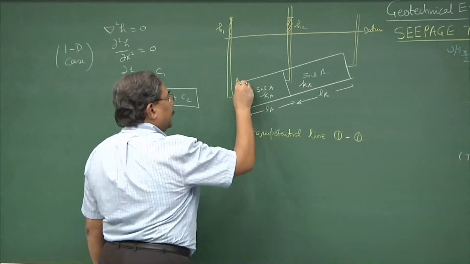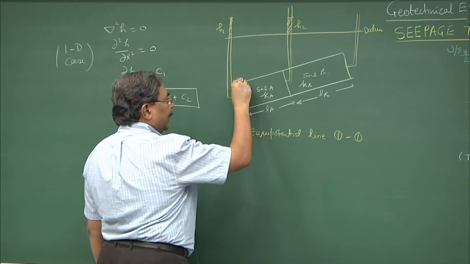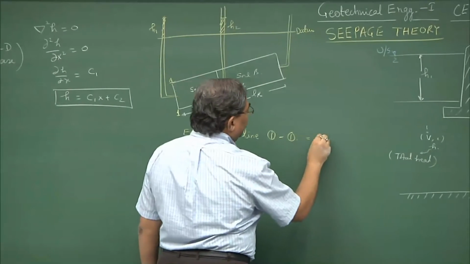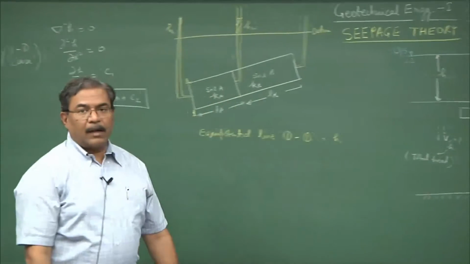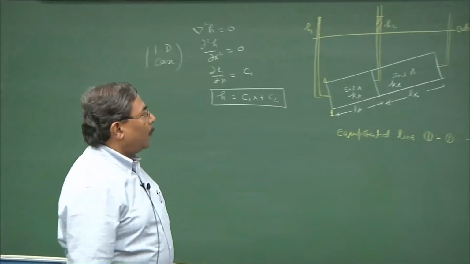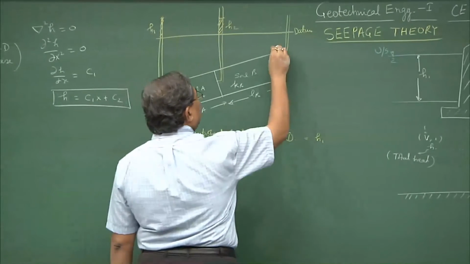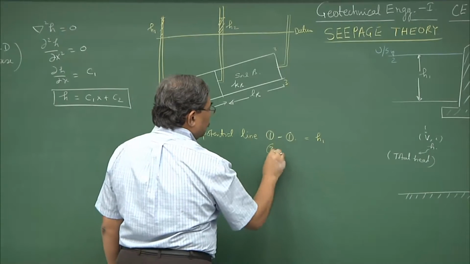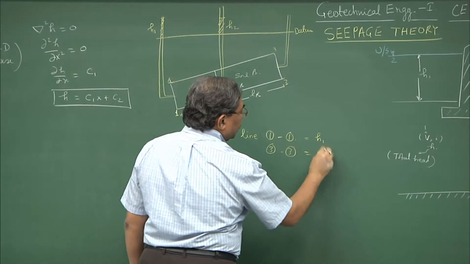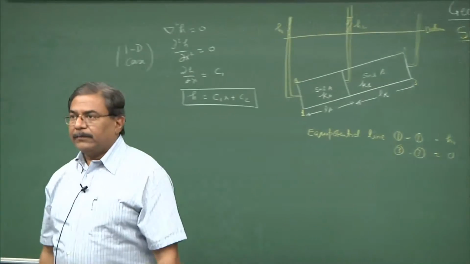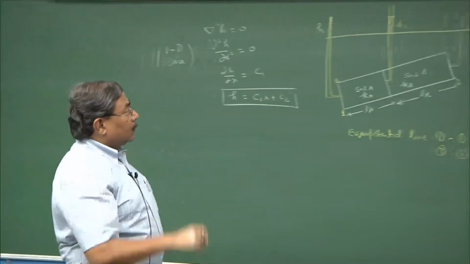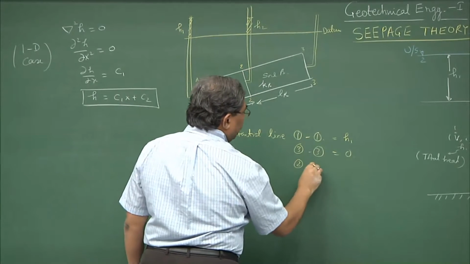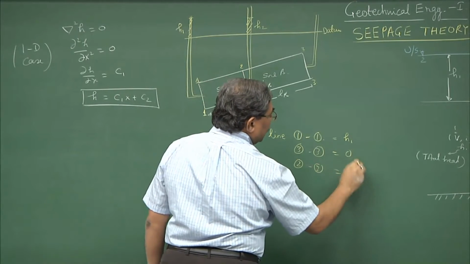Because at each and every point on the line 1 1, the potential is constant, and this is equal to H 1. At 3 and 3, the total potential is 0. Now, somewhere in between, that is at 2 and 2, we are assuming this to be H 2.